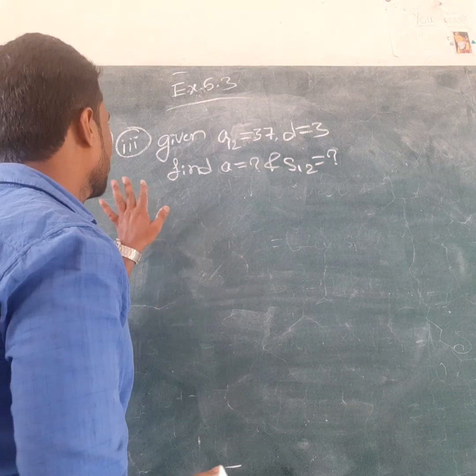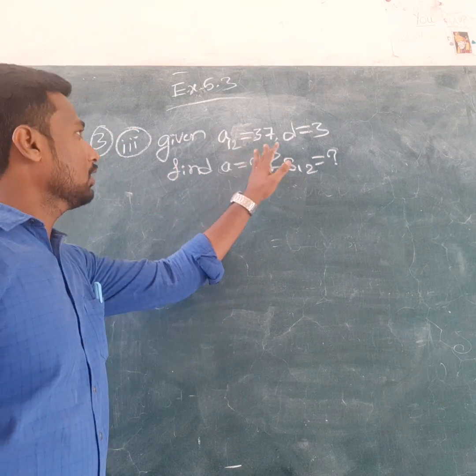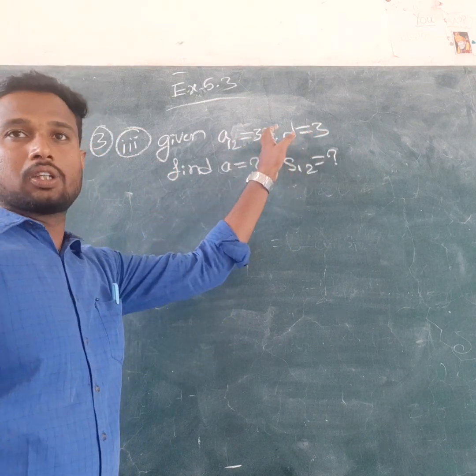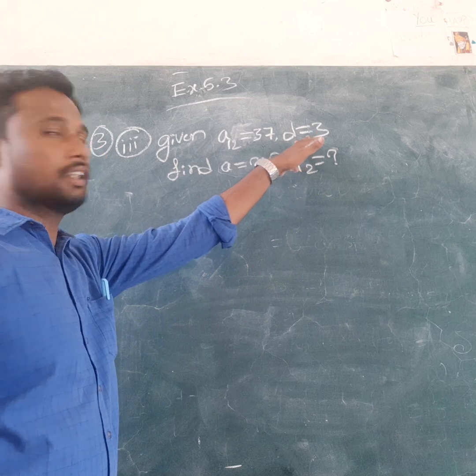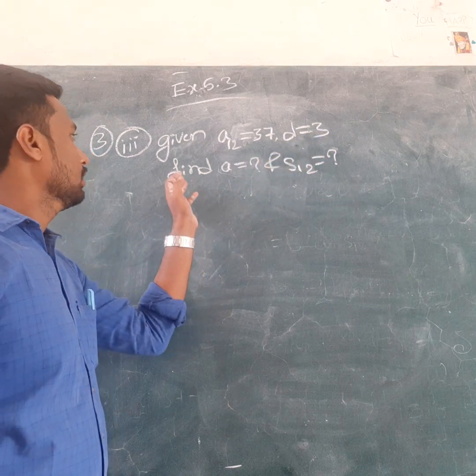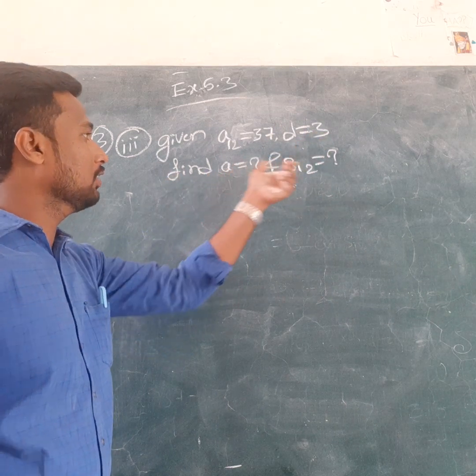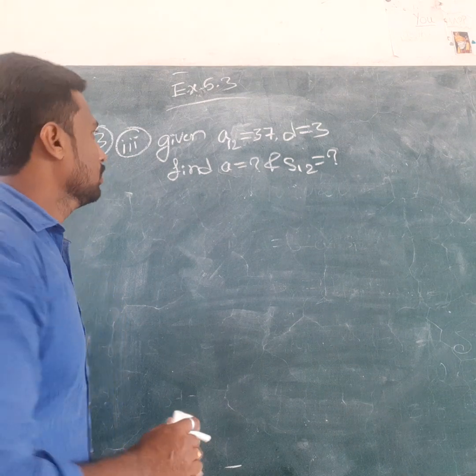So here in third problem they have given A12 is equal to 37 and D is equal to 3. We have to find out a value and S12 value.